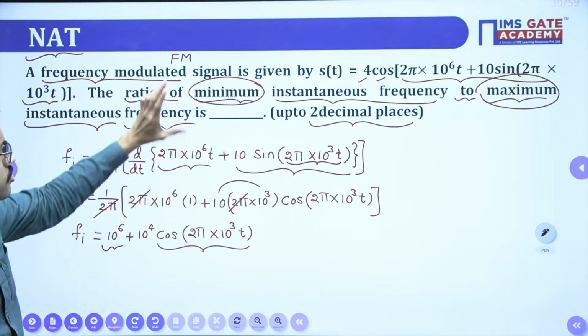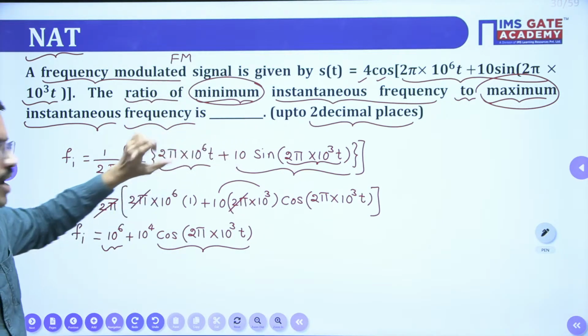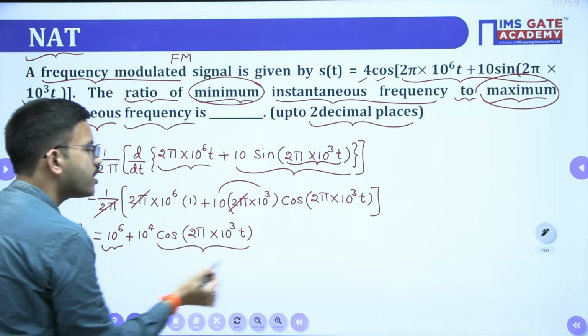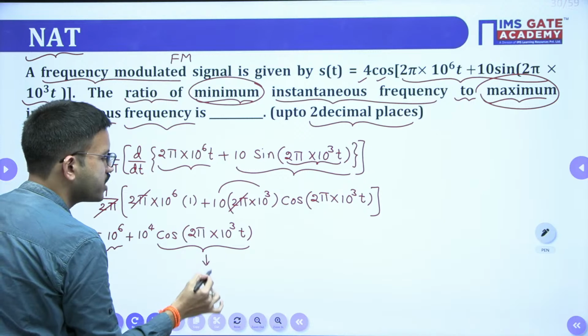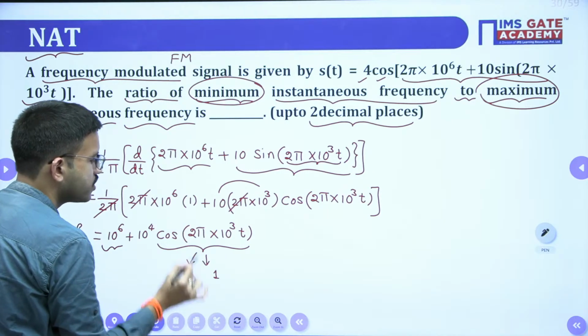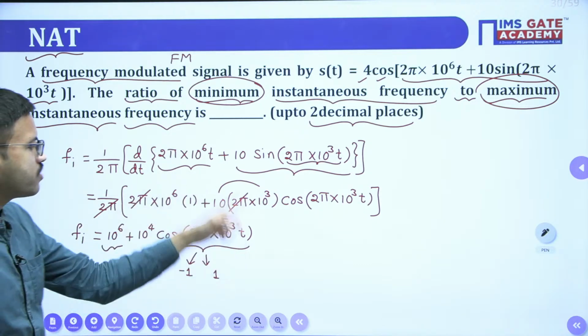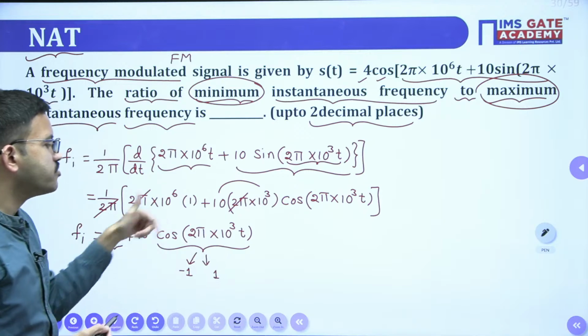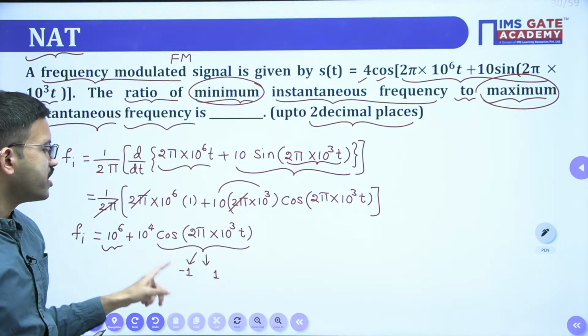Since the question is regarding minimum and maximum, as we already discussed in one of the earlier questions, regarding cos, the maximum value you will get is plus 1 and the minimum value you will get is minus 1.